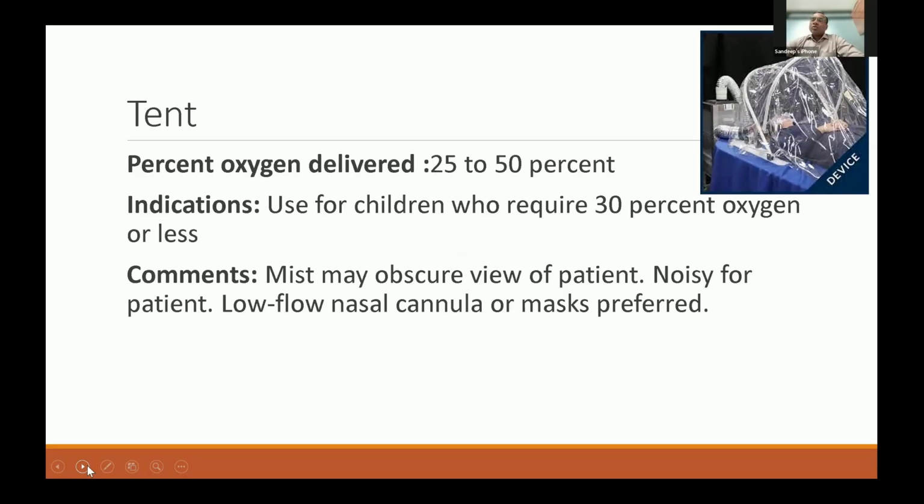Some of the air goes in and dilutes the 100% oxygen, but the FiO2 that you are going to use will be higher. The amount of oxygen that it can deliver is 25 to 50%. And because it is an enclosed system, sometimes the monitoring becomes difficult. There can be a mist accumulation inside the tent, and it can again be noisy, similar to hoods.